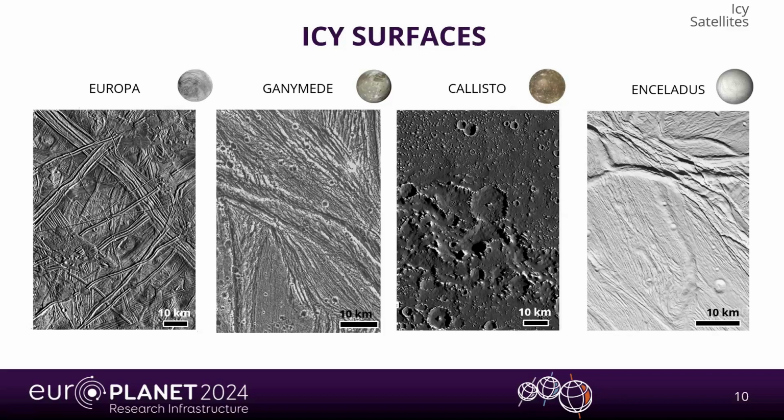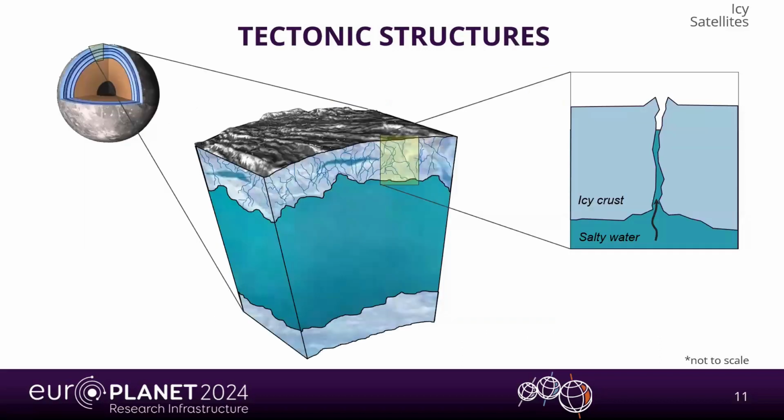So tectonic structures are obviously, as I said, important for geological and structural geology studies, but also for astrobiological implications, since they represent weakness zones, or rupture paths, or cracks in the crust that act as potential conduits for fluid propagation.